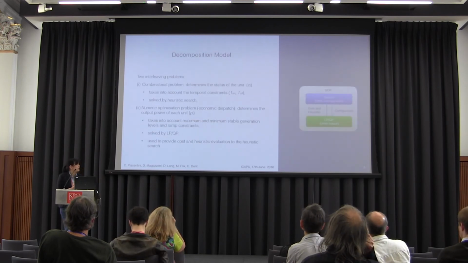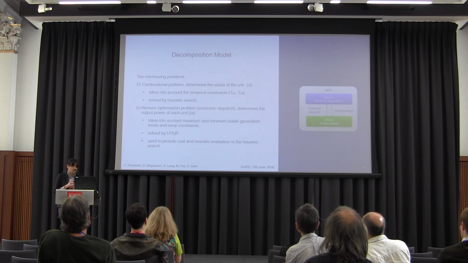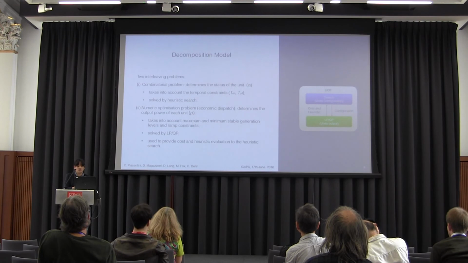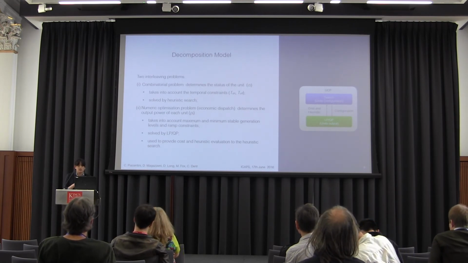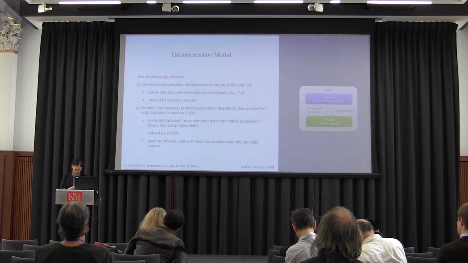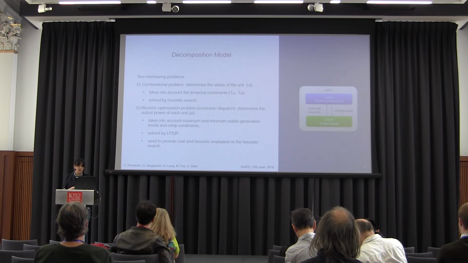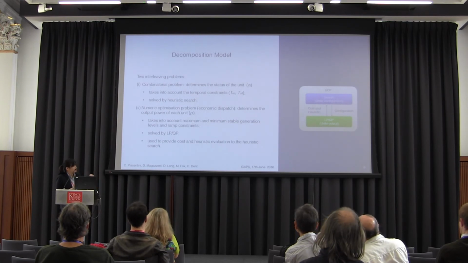So what we did is to decompose this problem into parts, because as I said before, there is a combinatorial part of the problem that is basically to find which units are on and off and when, and we use UP mapping to take care of this part, which also considers the temporal constraints that we have.